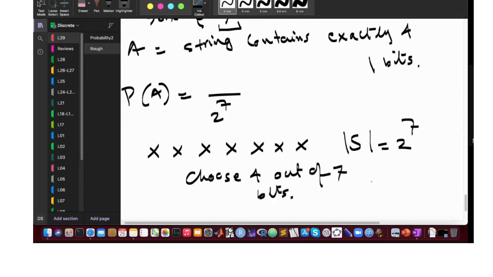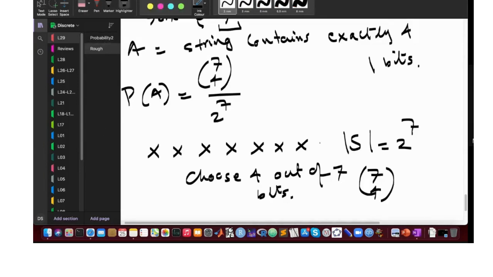Okay, और वो करने की आपके पास options हैं. Combination. 7 choose 4. Okay, so there are 7 choose 4 bit strings जिसके अंदर exactly 4 ones हैं. Okay, so इस केस में probability of A है 7 choose 4 over 2 to the 7. But yes, there was a technical problem जो मैं अब आपको उस तरफ ले जाता हूँ.